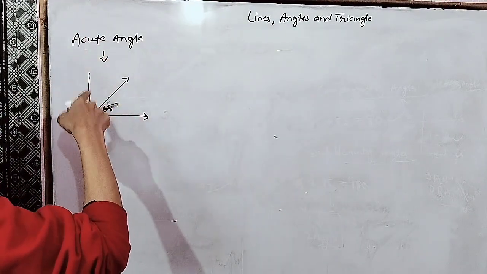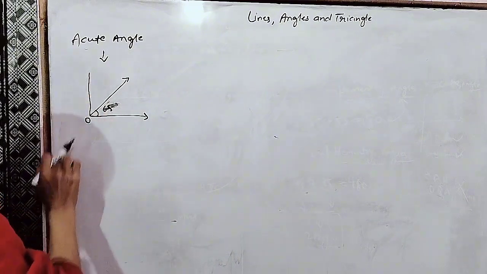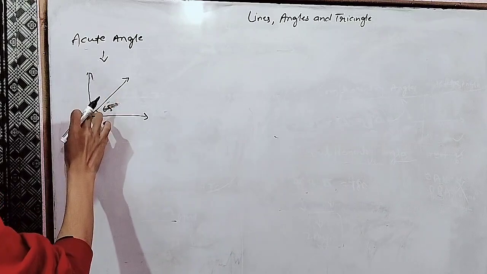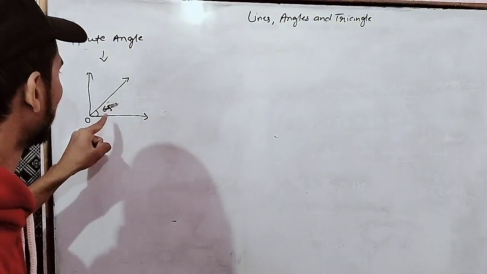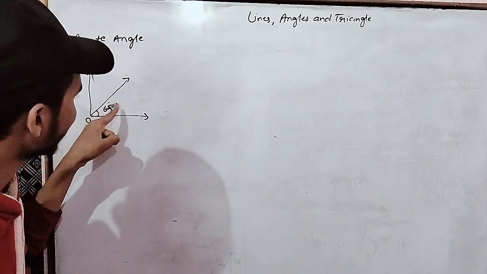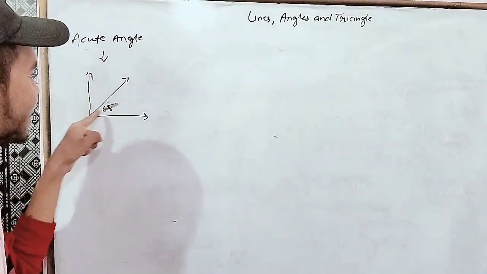It's like that, straight, upward straight. This is a 90 degree angle. Now 65 degree. So value of this angle is how much? 65 degree.